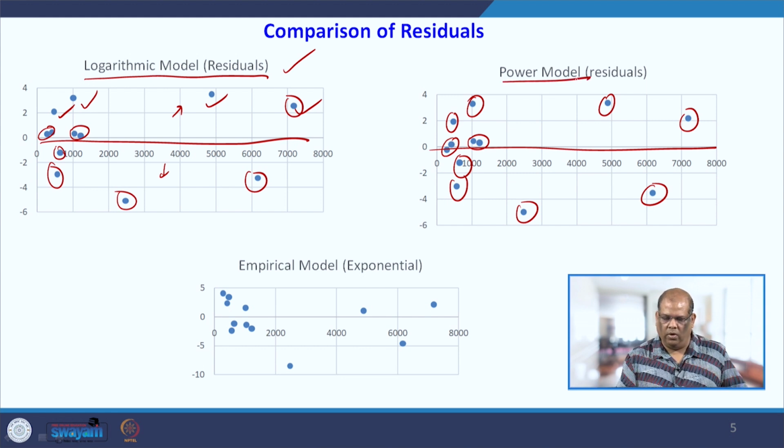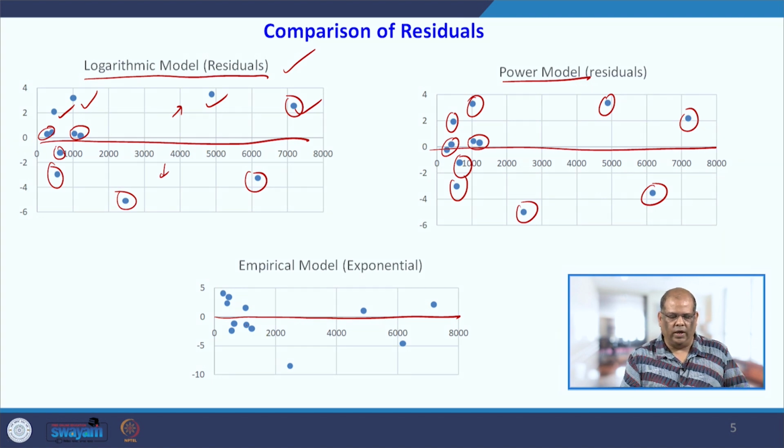Now, if you look at the exponential model, in this case you can see that though 6 of them lie at the top and 6 of them lie at the bottom of y equal to 0, their difference is quite high.